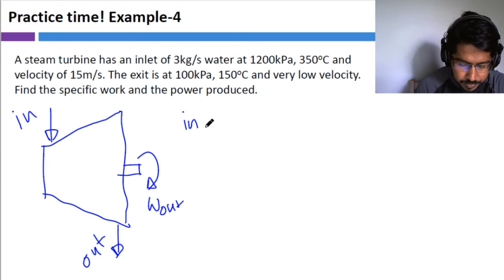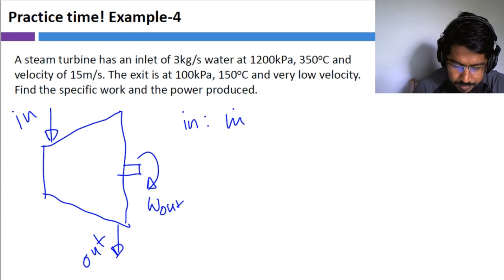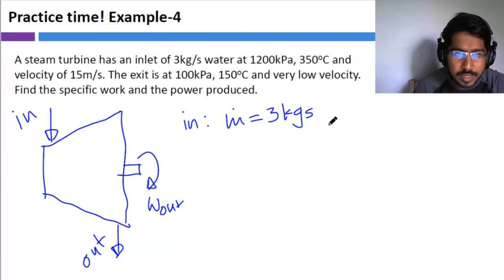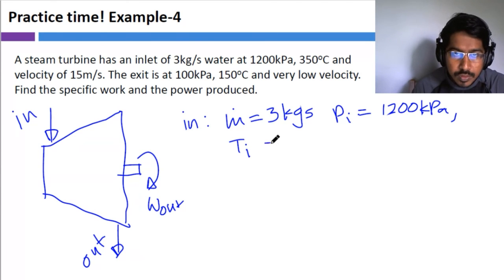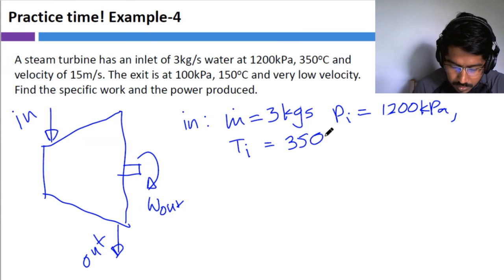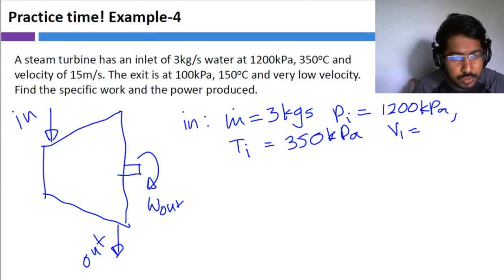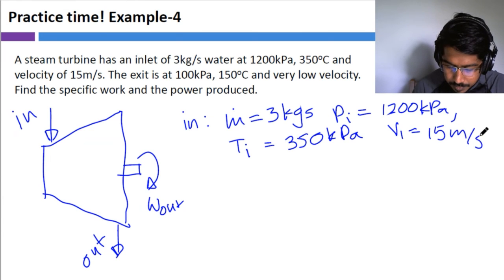At the inlet, the mass flow rate is m equals 3 kilograms per second, the pressure is given, P in equals 1200 kilopascals, and the temperature is given, T in, which is 350, and the velocity is given, v1 is equal to 15 meters per second, right?